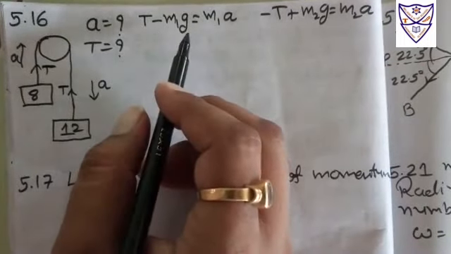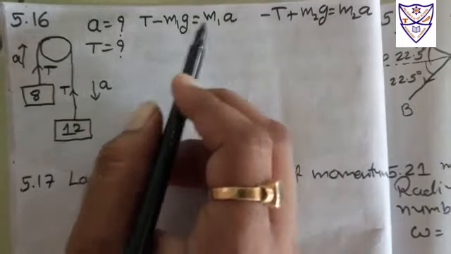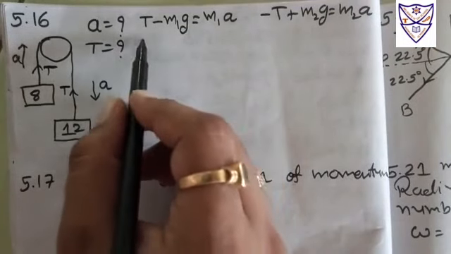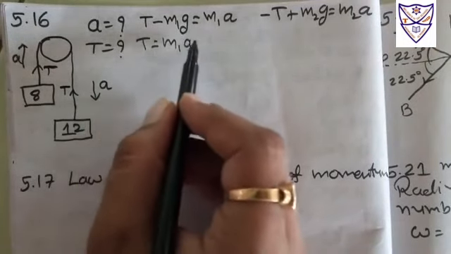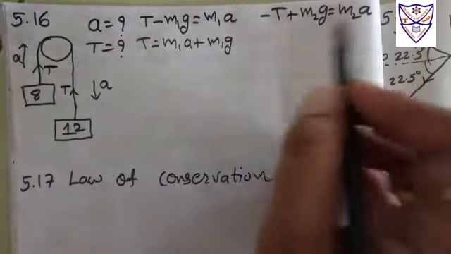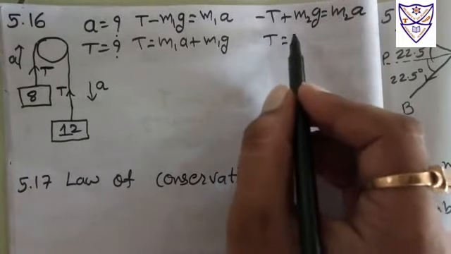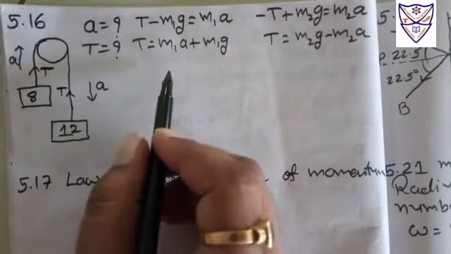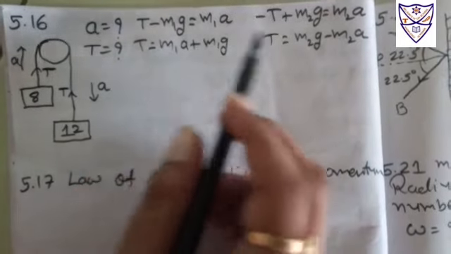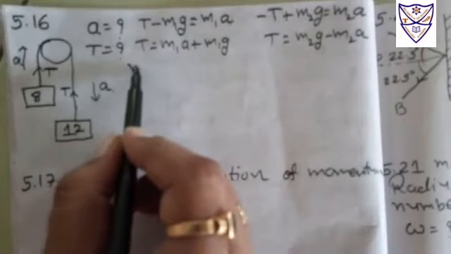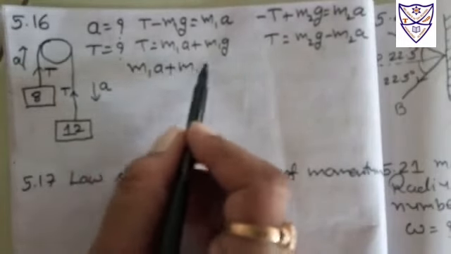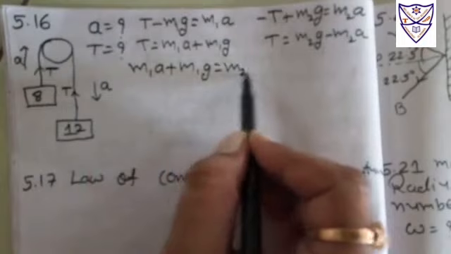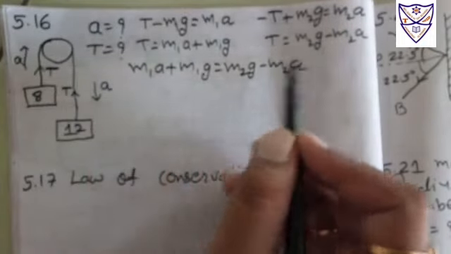Okay, now to find acceleration, T subject, T is equal to m1a plus m1g. Here T subject, then we get m2g minus m2a, right? Yes, so now just put this formula here, so m1a plus m1g is equal to m2g minus m2a.